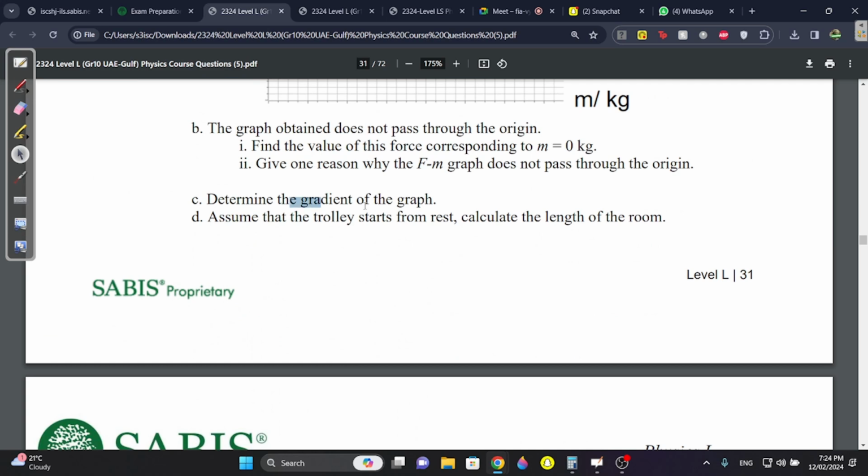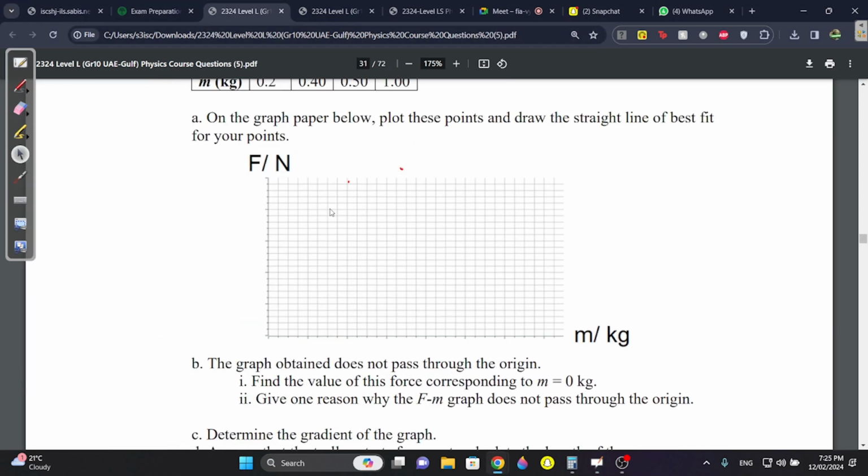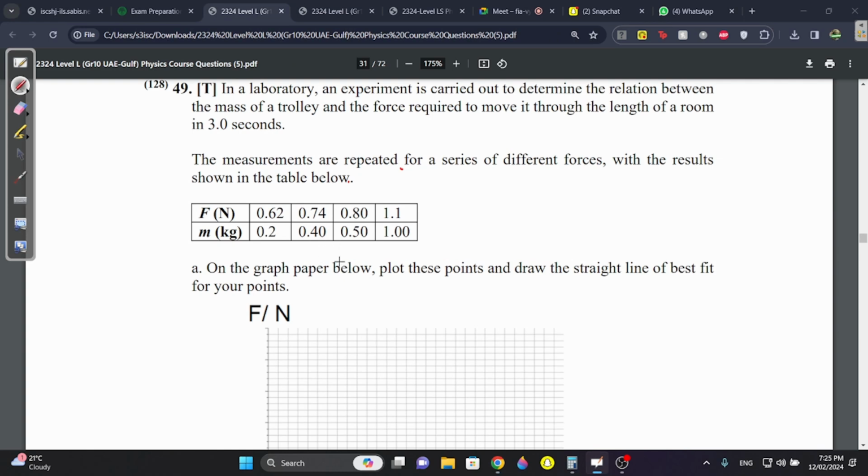Part C, determine the gradient of the graph. That's just finding the slope. Yani you just take 2 points, do y2 minus y1 over x2 minus x1. You don't need the graph, you can just take 2 points here. So you can do 0.74 minus 0.62 over 0.4 minus 0.2. You get 0.12 over 2, which is 0.6.